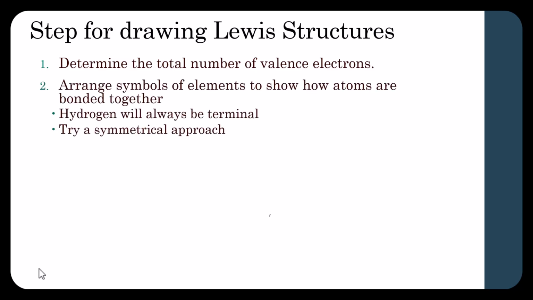Step number 2 is arrange the symbols to show how the atoms are bonded together. So the 2 helpful hints I talked about here are number 1, try a symmetrical approach. And then number 2, hydrogens will always be terminal. They'll always be on the outside.